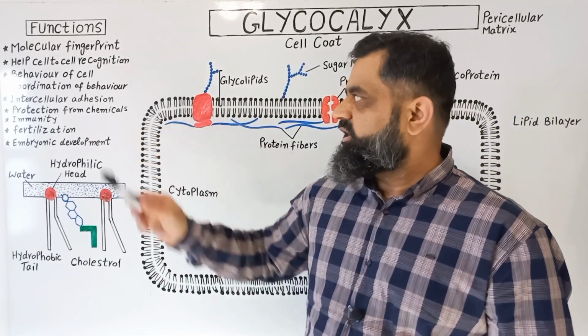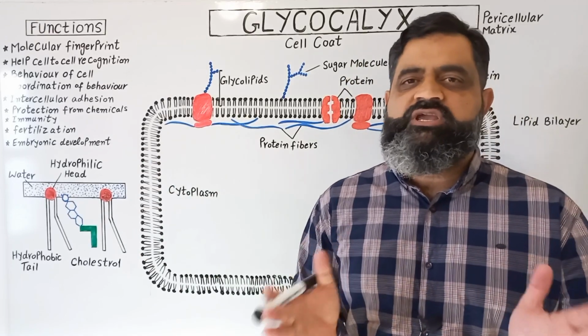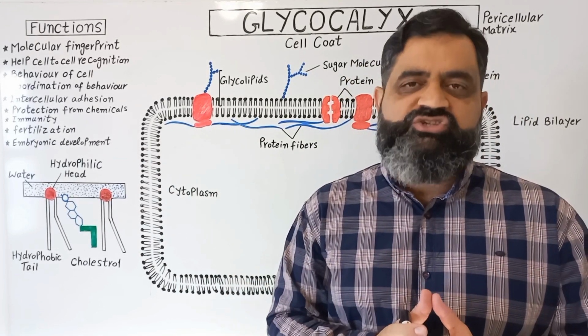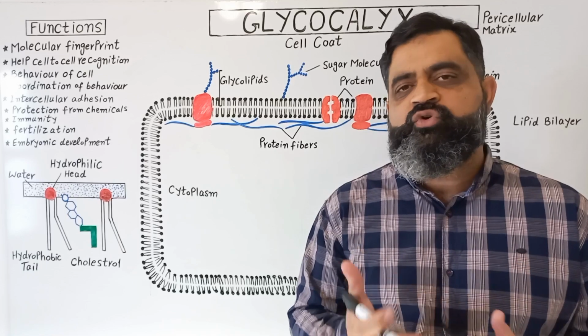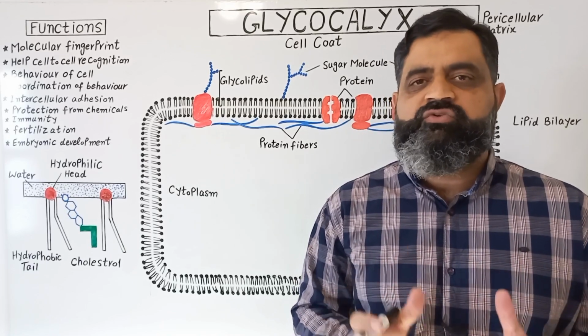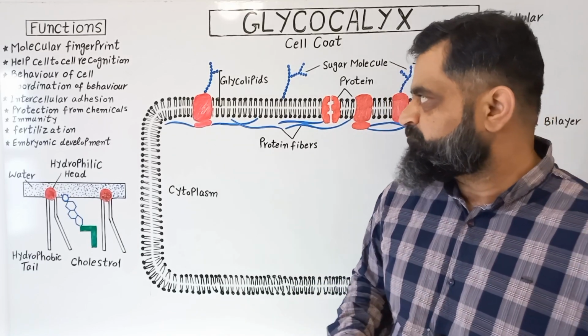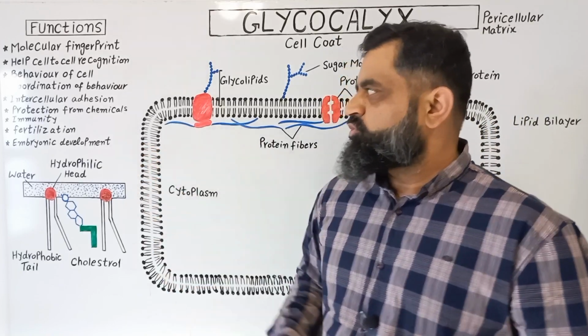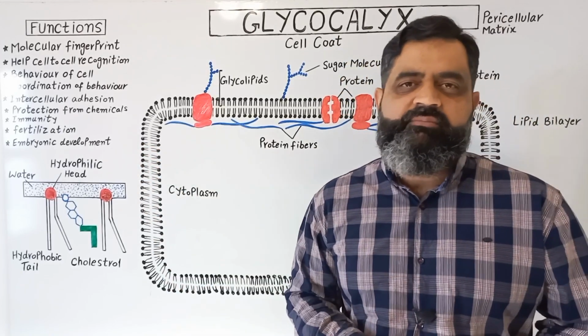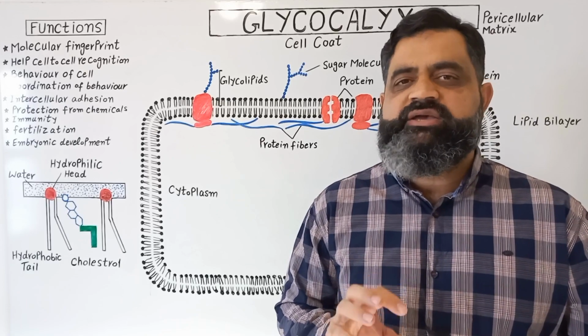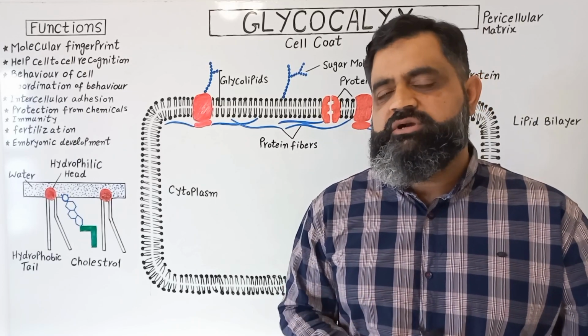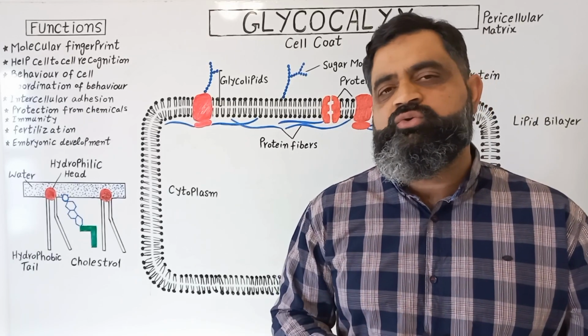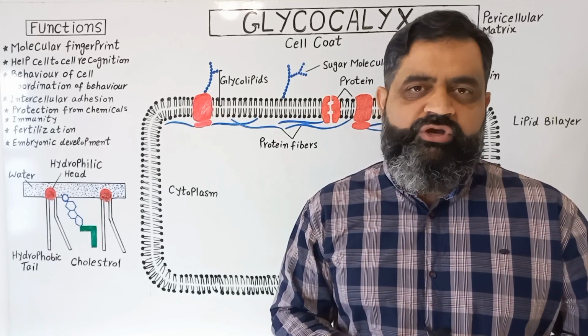Glycocalyx also provides intercellular adhesion, in which the same type of cells can adhere to each other and stay together to perform a specific function in the form of a tissue or a gland. Glycocalyx also provides protection from certain chemical injuries caused by acids, bases, enzymes, or some other types of chemicals which tend to destroy the cell membrane.